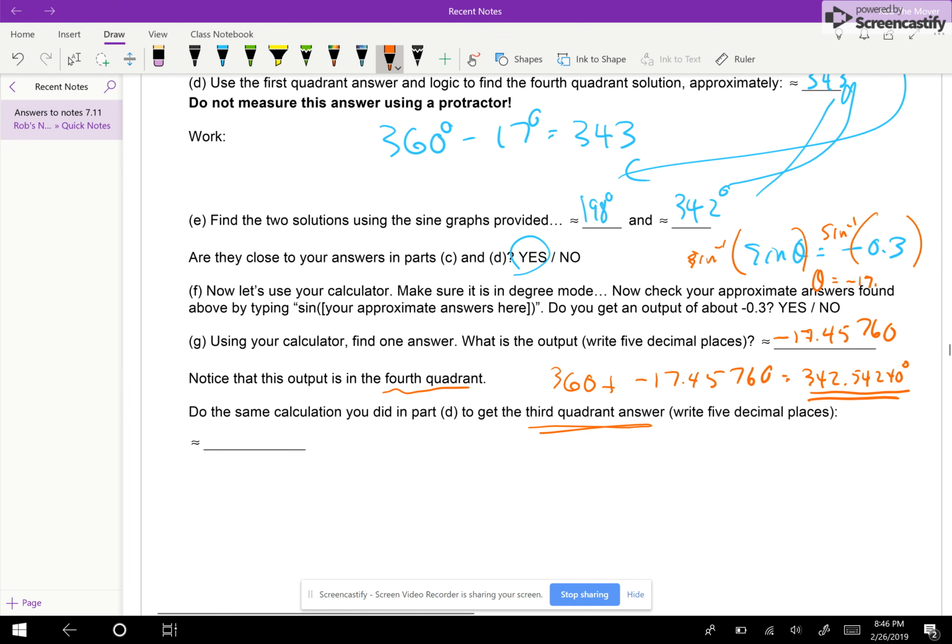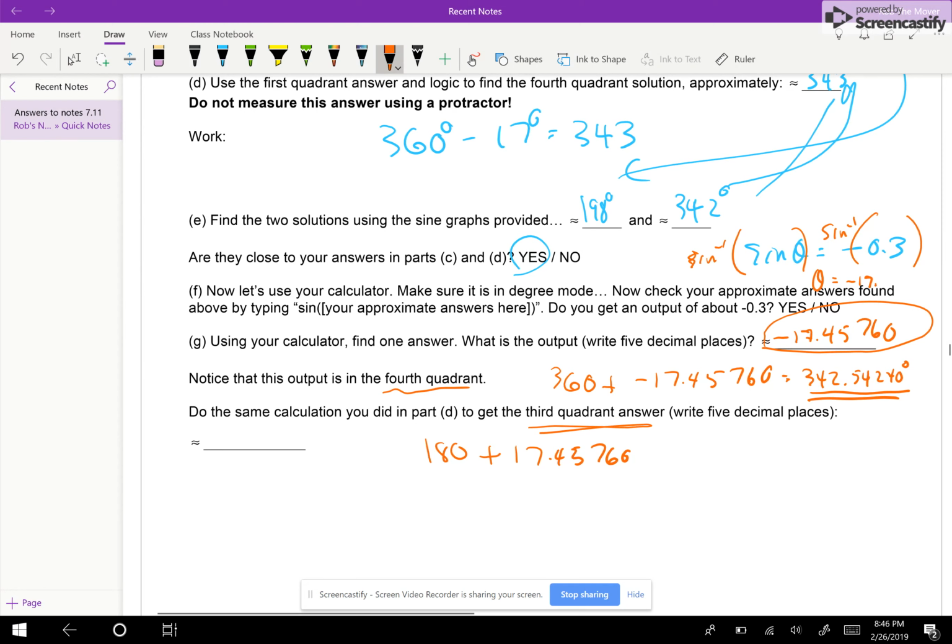But this is really like my reference angle, right? This negative 17 number. I can use that number and add it to 180 or subtract it from 180, right? Depending on how you're looking at it. But basically, I need to add the 17.45760 to 180 to get my other answer, right?